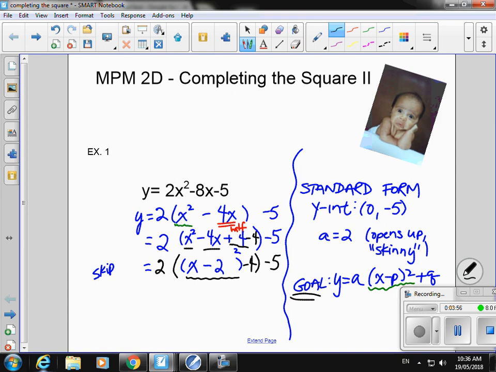So I'm going to do distributive law. So I'm going to do 2 times the bracket, 2 times the negative 4, and at least I get rid of that outside bracket. 2 squished up to x minus 2 squared, and then 2 times negative 4, and I still have that subtract 5.